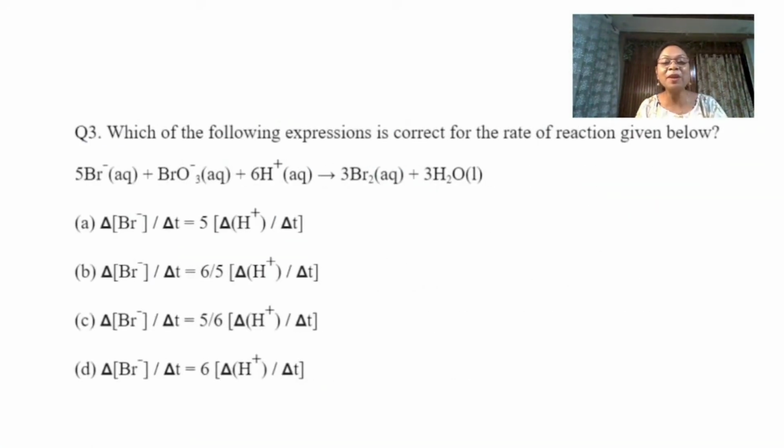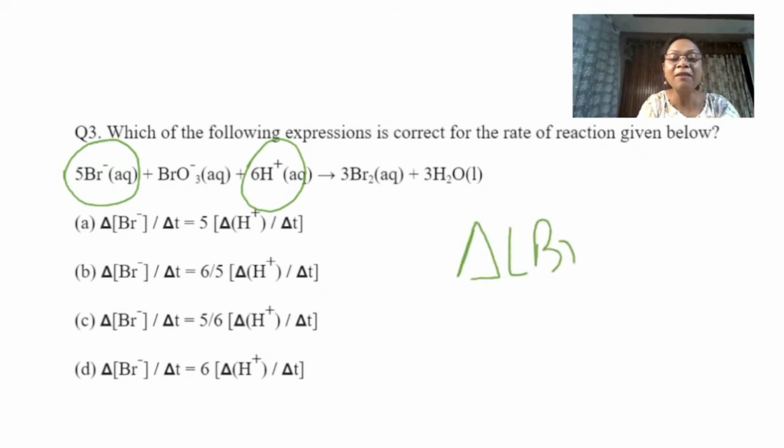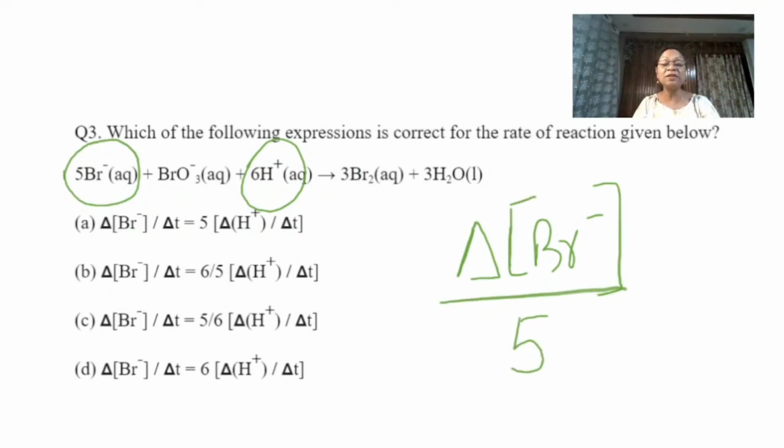Now, which of the following expressions is correct for the rate of the reaction given below? If you see, most of the options relate Br and H plus. We know that the change in concentration of Br minus is to be deduced for 1 mole, so it has to be divided by 5, and the minus sign will definitely come into the picture.